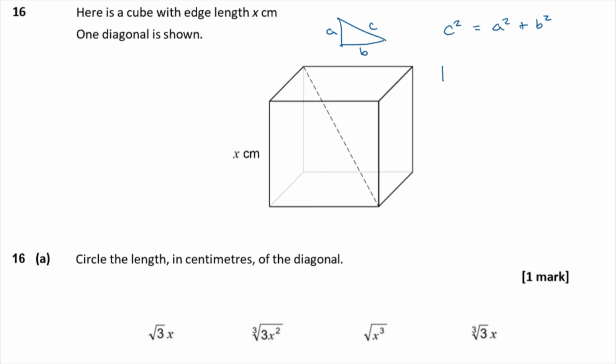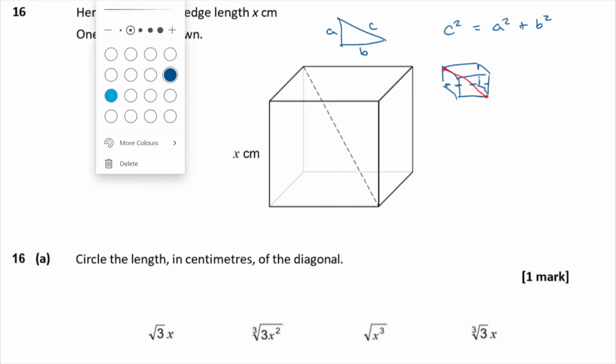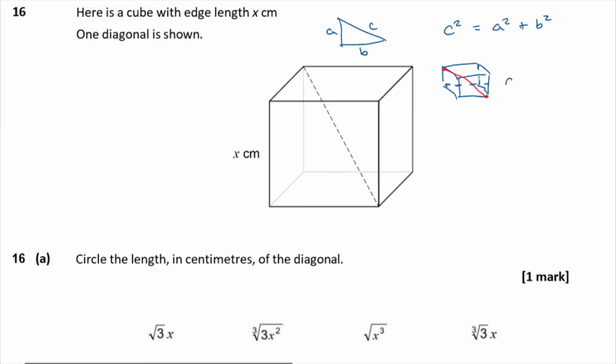Now when you've got a cuboid and you want to know the length of the diagonal in that, there is a related formula. Let me show that a little bit clearer. It says the length of the diagonal, which I'm going to call d squared.